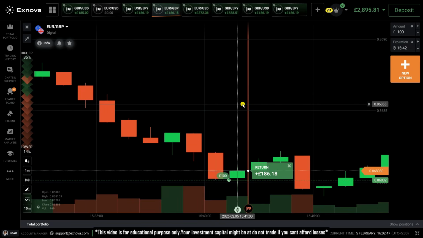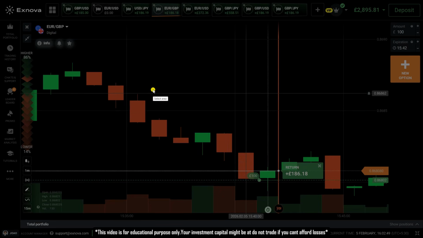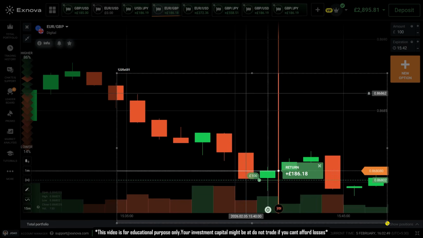Euro JPY. This is candle 3, 2, 1 and 0. Comparing to the previous one, the volume here is high and this is the low volume.